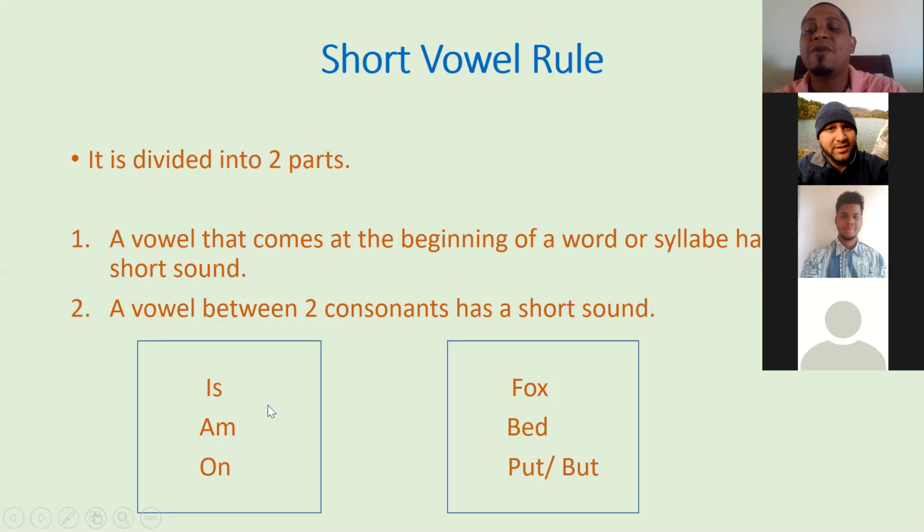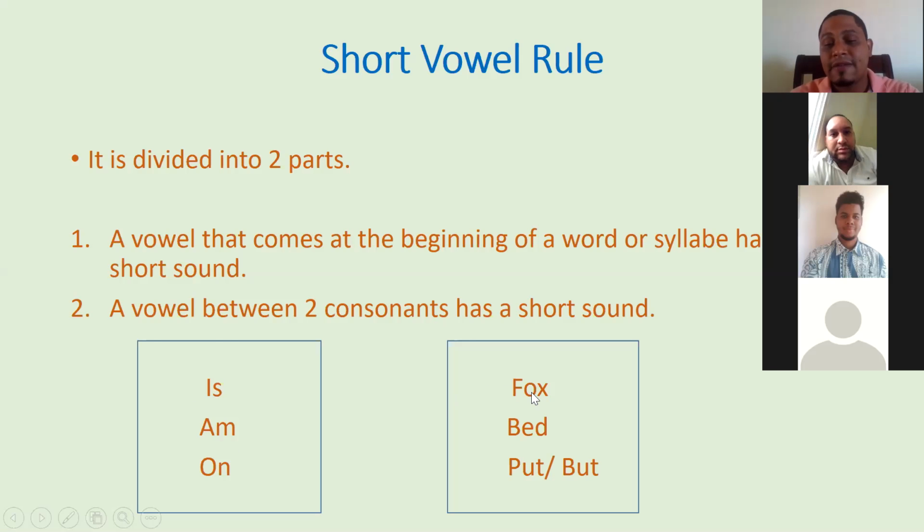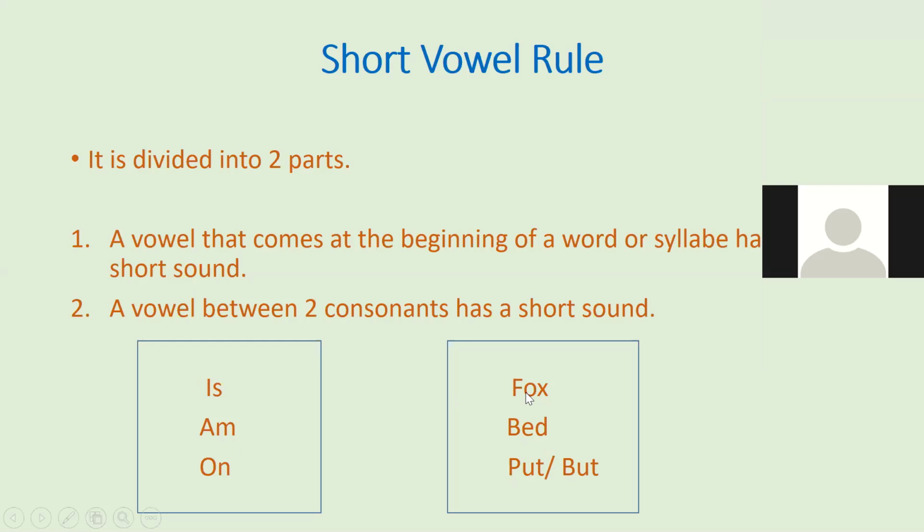Now, but there is another part of the rule. This is only when it is at the beginning of the word, or the syllable. But when you have the vowel between two consonants, as you can see here where I'm pointing at, then the vowel also has the short sound. For example, let me give the opportunity to Angelina.